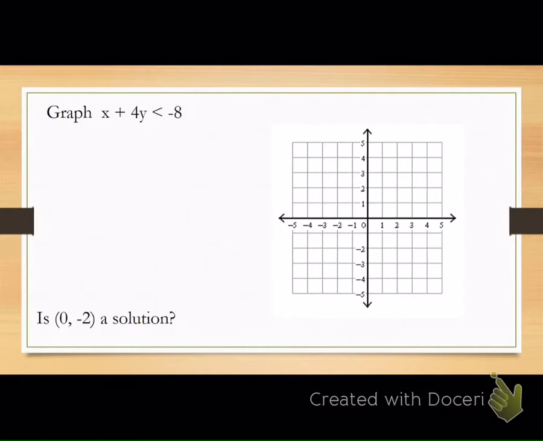Okay, x is already positive, so we need to... What do you still have to do, Justin, to get y alone? And we have to remember with inequalities, if you multiply or divide by a negative, you must do what with the inequality? Flip it. Are we multiplying or dividing by a negative? No, it's a positive, so we're good there.